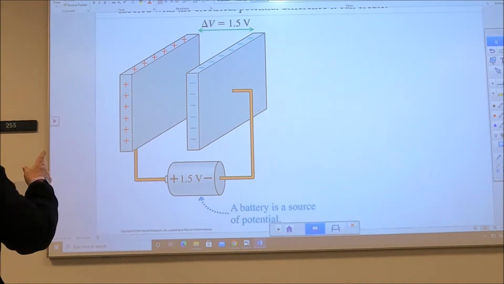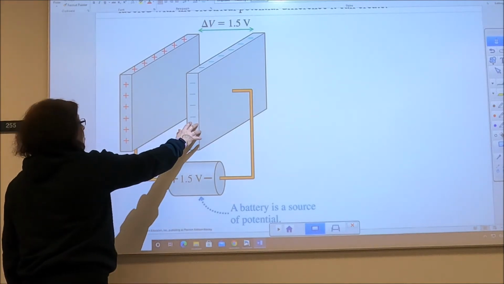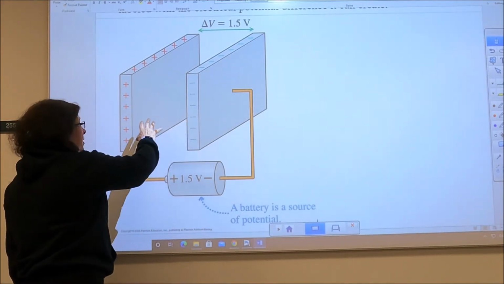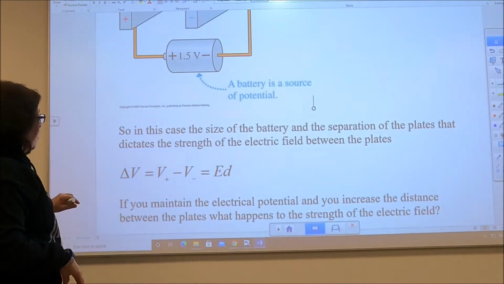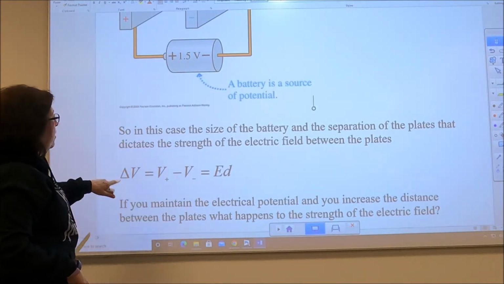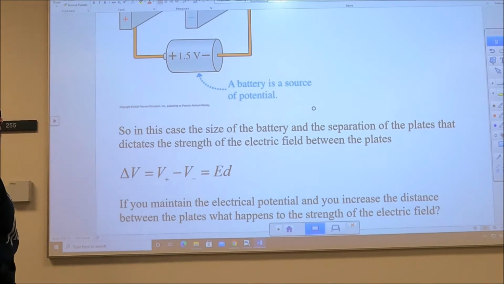Okay? And now we have created a uniform electric field between the plates of a parallel plate capacitor. So, the size of the battery and the separation of the plates dictate the strength of the electric field.